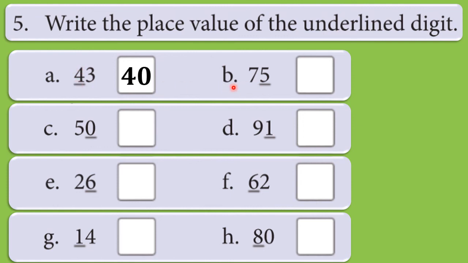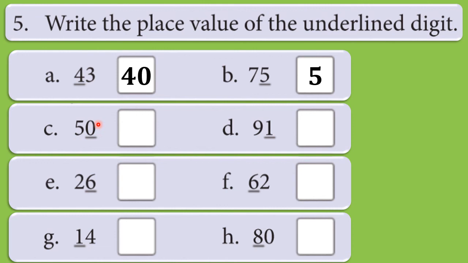And B, 75 is the number, 5 is underlined and 5 is in ones place. Therefore, the place value of 5 here is 5 itself. Remember, the place value of any digit at ones place is equal to the digit itself.